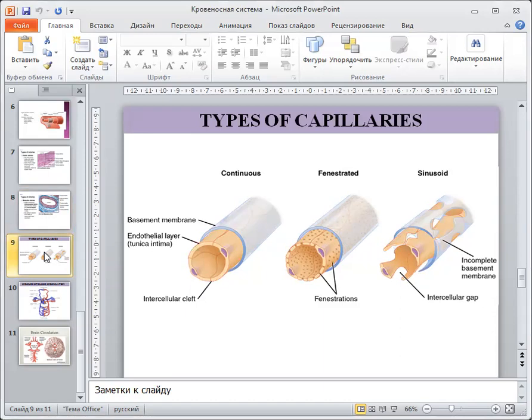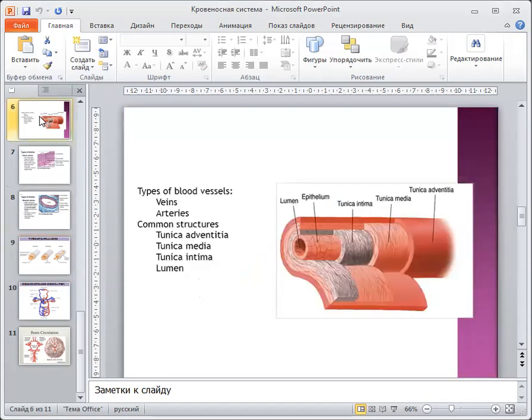The arteriole wall consists of three layers. The inner layer consists of basal membrane, endothelium, loose connective tissue, and internal elastic membrane. The medium shell forms one or two layers of smooth muscle cells, which are located spirally.